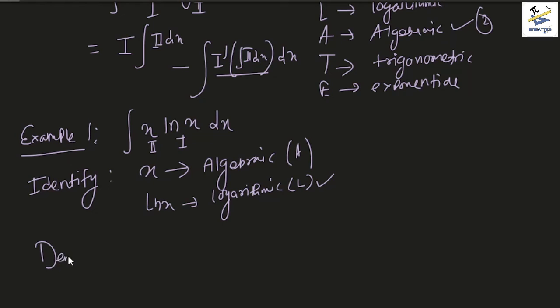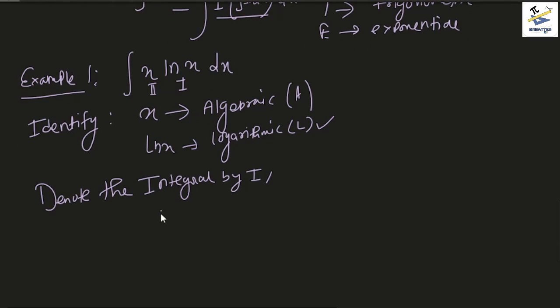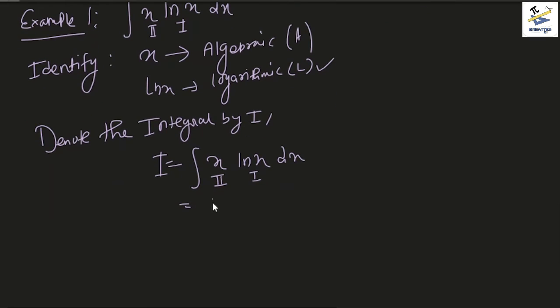So denote the integral by I, and what we get here is I equals the integral of x log x dx. We are denoting log x as the first function and x as the second function, which means we should have the first function times the integral of the second function, minus the integral of the derivative of the first function, which is just 1 by x, times the integral of the second function. The integral of x dx is just x square by 2, right?